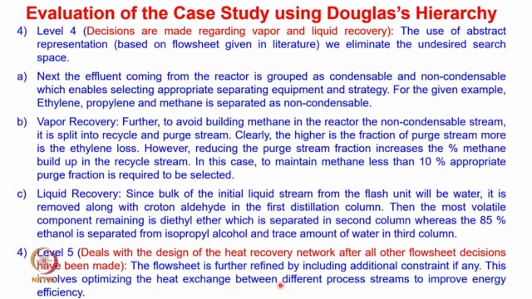So level 4 decisions are regarding the vapor liquid recovery. So you can see that the feed comprises of methane and propylene. So the product coming out from the reactor will be comprising of the non-condensable gases. So these non-condensable gases will include methane, ethylene, propylene, and in addition to that we will be having some amount of diethyl ether and ethyl alcohol.